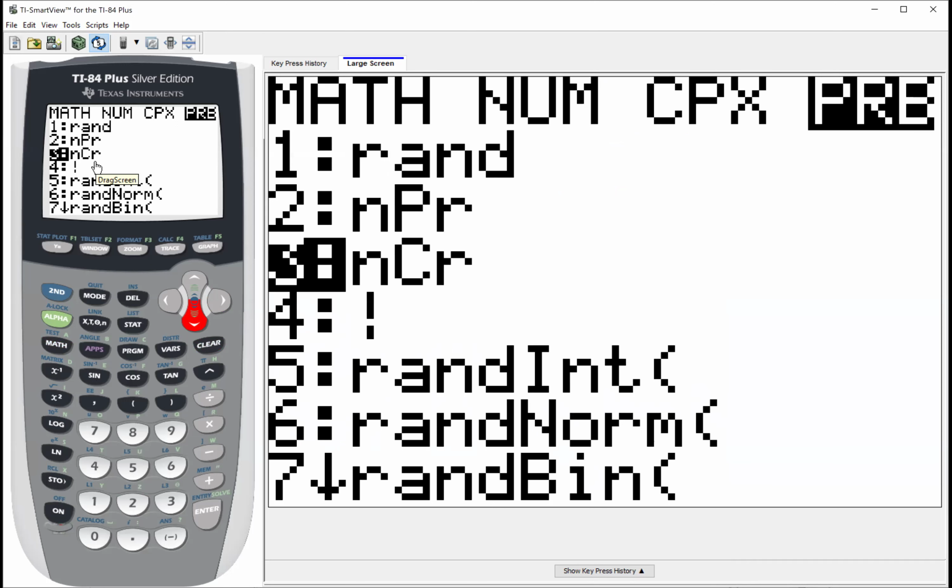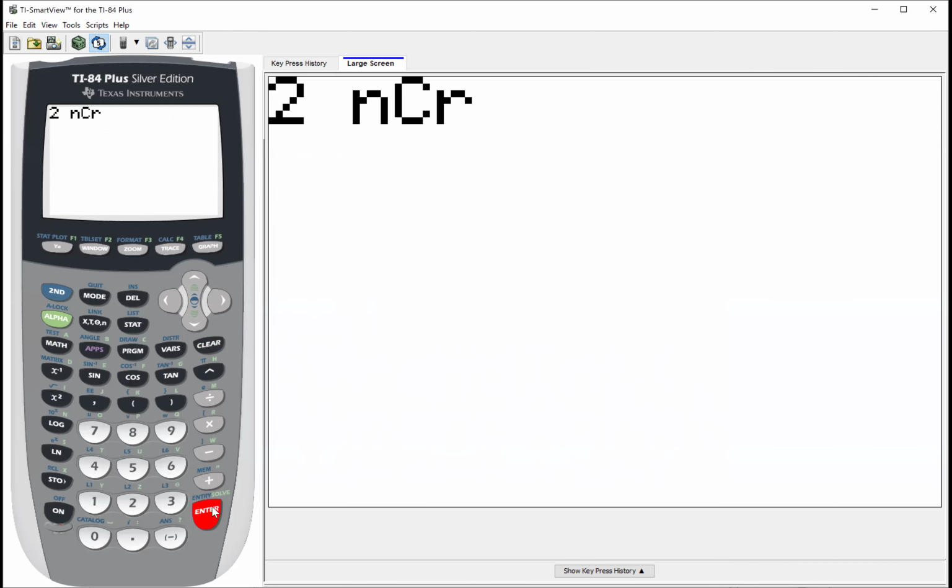But again, we're using S instead of R for our formula, but it's the same thing. So it's going to pop up as nCr. Now you have to type in S, how many successes we want, which is 2 in this case. So 2 choose 2, and we get 1.